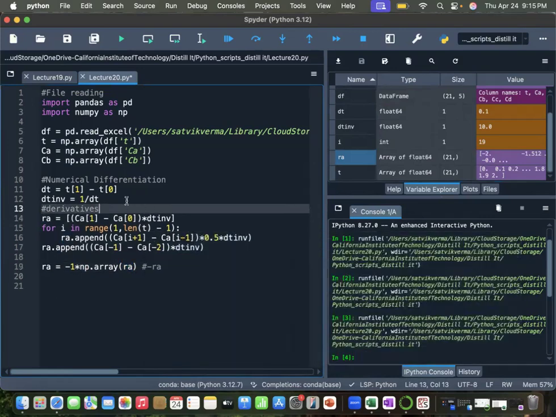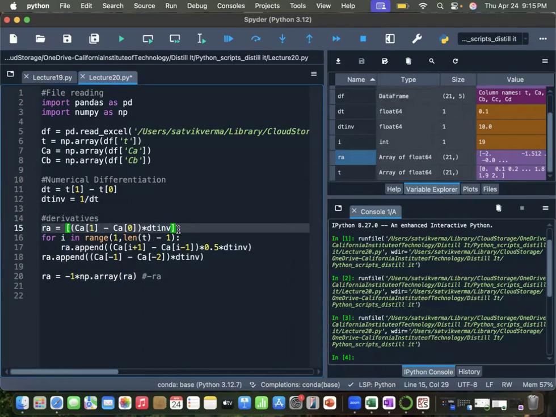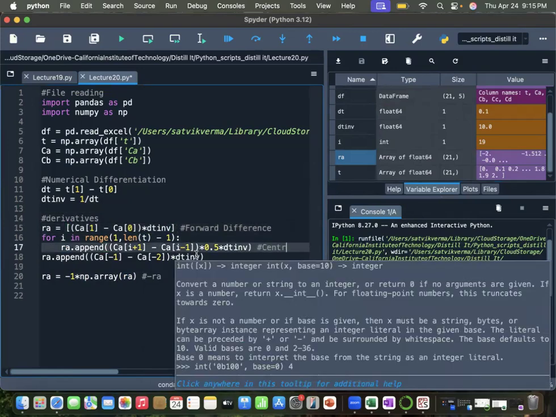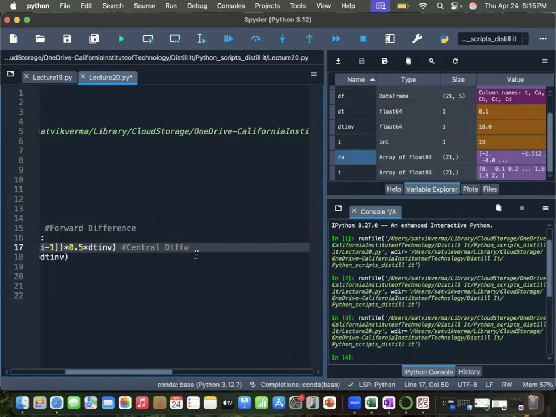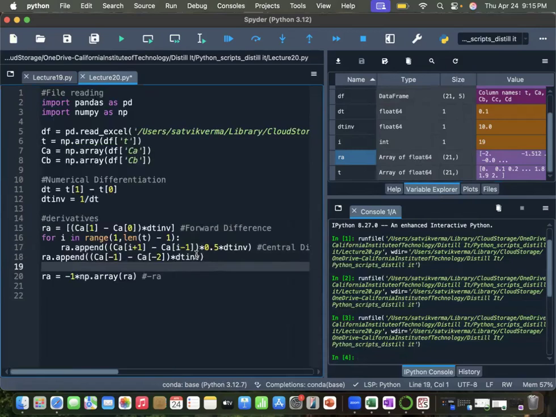Over here, the first thing that we've done is evaluating the derivative at t equals 0 using forward difference. For all the other points, we used central difference. And for the last point, we used backward difference.